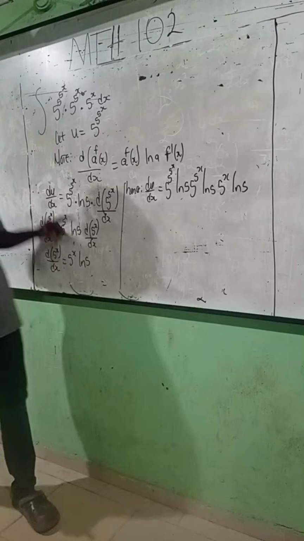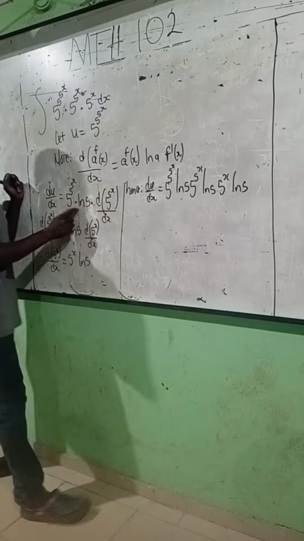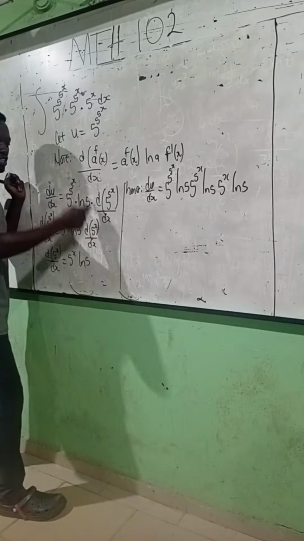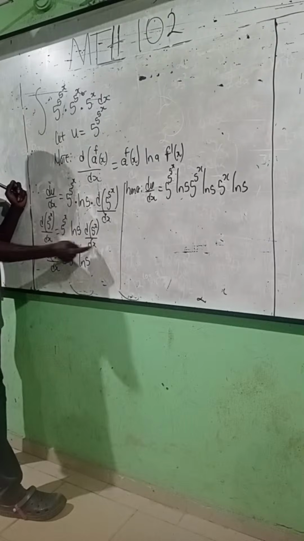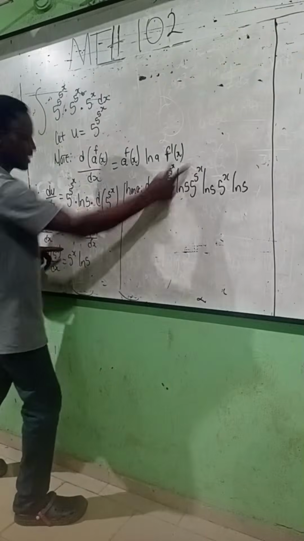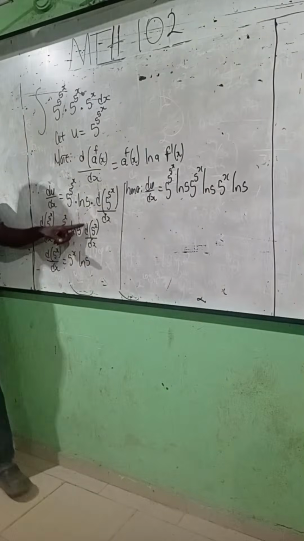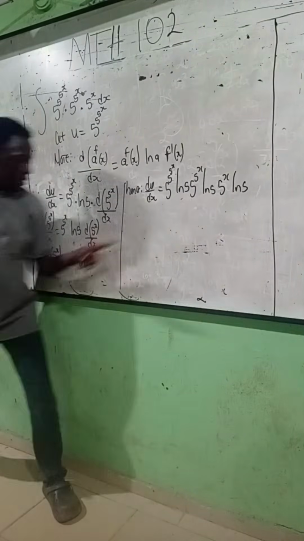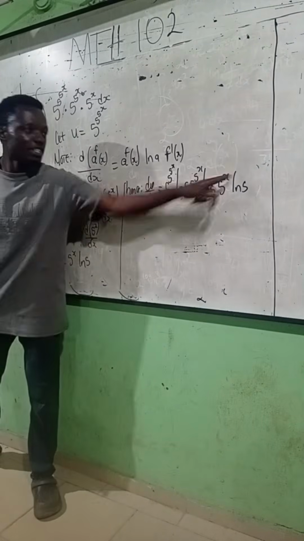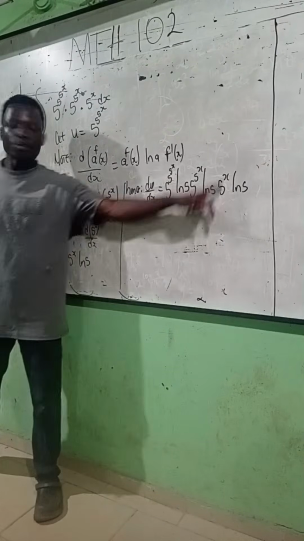Now I want to write this guy, 5 raised to the power 5 raised to the power 5 raised to the power x, which is this, and this is the ln 5. Now I want to write the derivative of this. I know that the derivative of this is this, so I'm writing this instead, 5 raised to the power 5 raised to the power x, ln 5. And instead of the derivative of this, it now becomes 5 raised to the power x, ln 5.